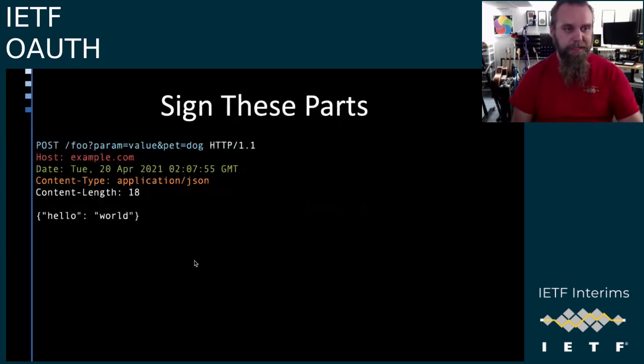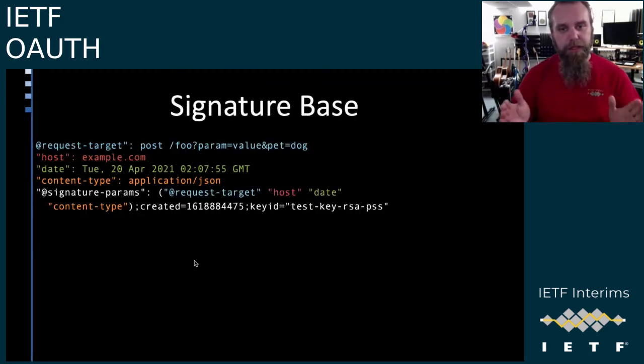All right, so I'm going to take this HTTP message, and then we create this canonicalized and or normalized, depending on which side you're looking from, signature base string. Now, this string is a very, very simple format. Every piece of covered content gets its own line. So we've got the request target here, which, I realize there's a typo there.